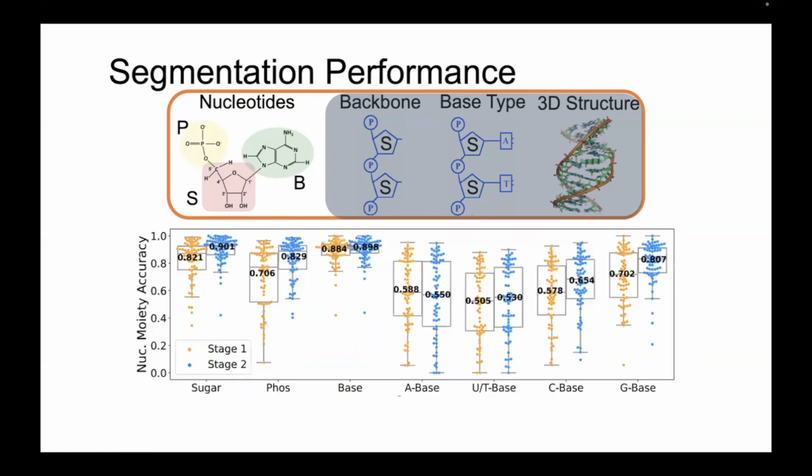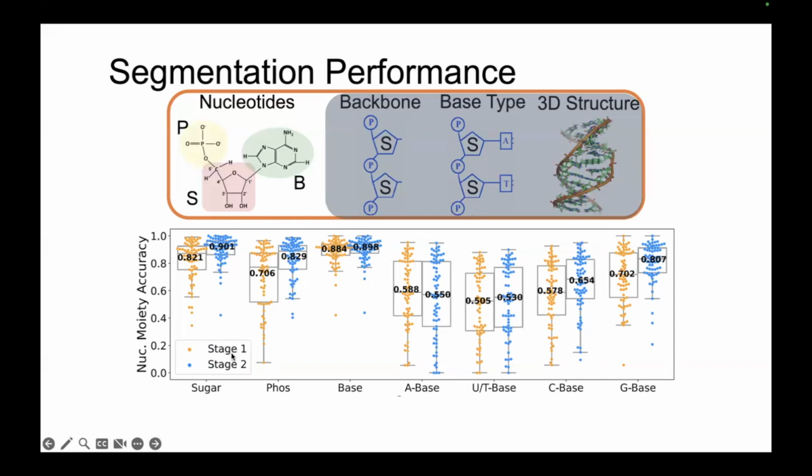We also compared how this two-step prediction improves the performance. So this is the segmentation performance, how accurately it identifies the sugar positions, phosphate positions, and base positions.